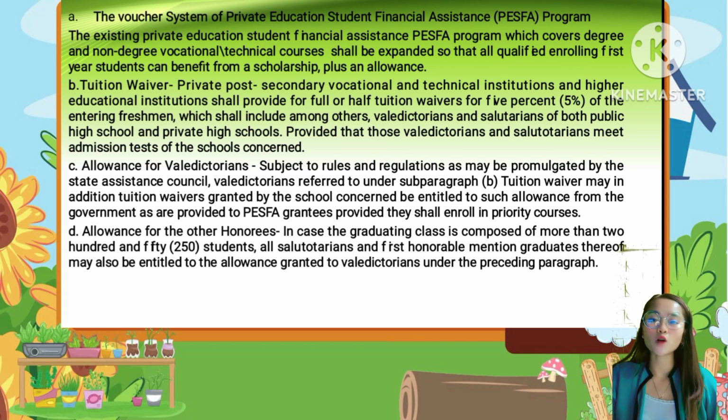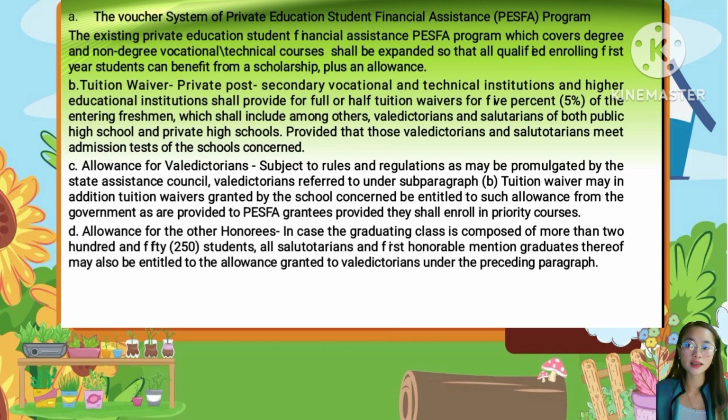We shall include, among others, valedictorians and salutatorians, both of public high schools and private high schools, provided that those valedictorians and salutatorians meet the admissions test of the school concerned. Next, the allowance for valedictorians, subject to rules and regulations as may be promulgated by the State Assistance Council.